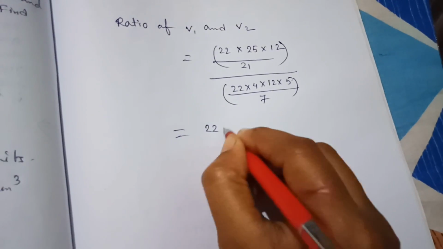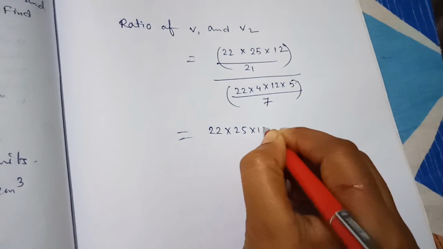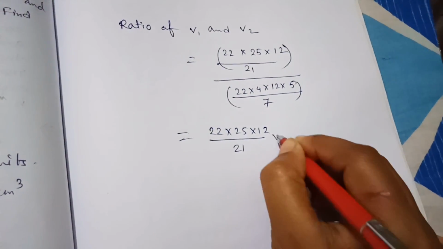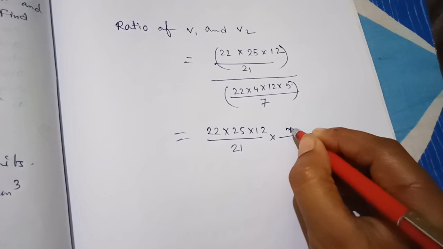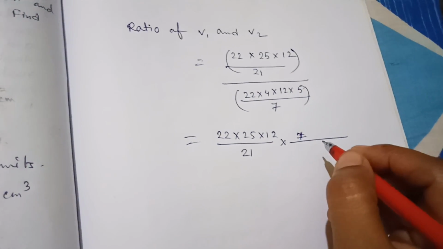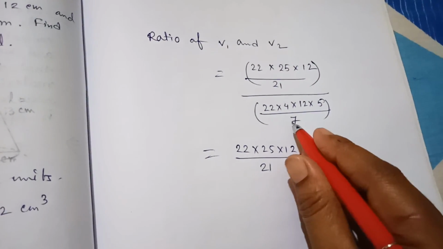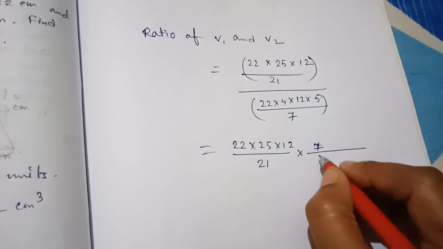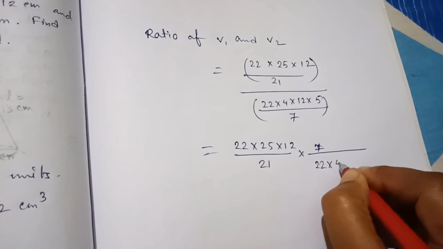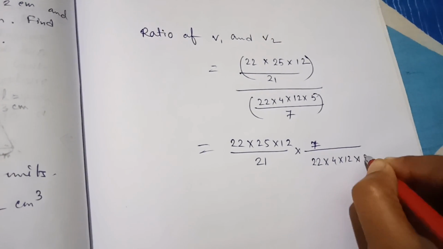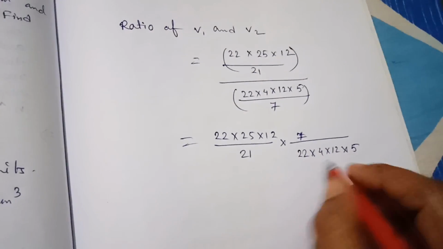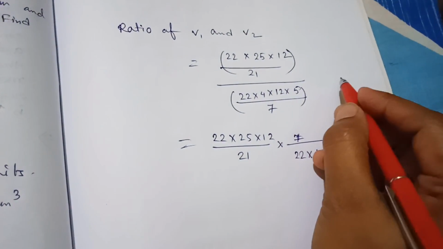I'm writing it properly so that everybody can understand, and I am sure that all of you are well aware of fractional division. This denominator will come to the numerator. So it's like this, and the ratio will not have any units.